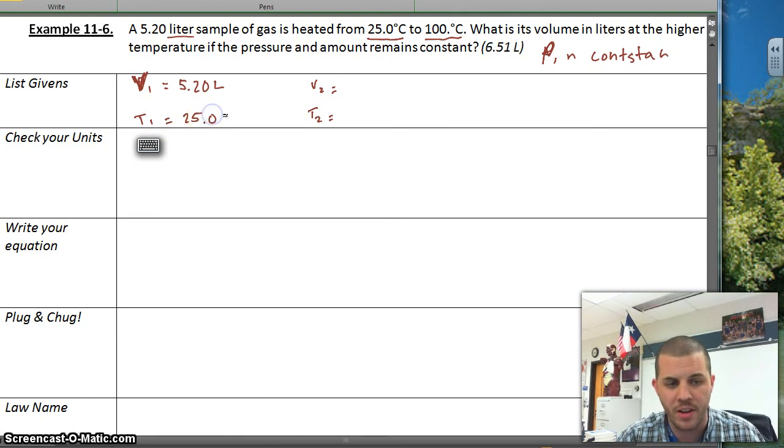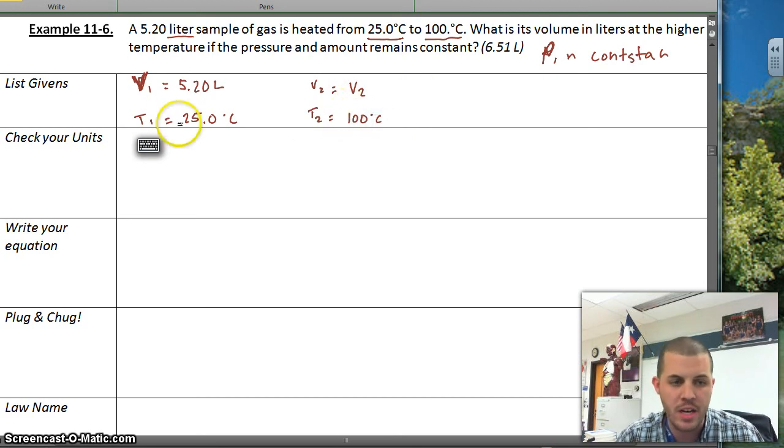Now, hopefully a lot of y'all are already seeing the issue here. As I told you in the first video, you cannot ever have a Celsius situation in a gas laws problem. So it tells me what is the volume at the higher temperature, so I'm looking for V2. And my final temperature is 100 degrees Celsius.